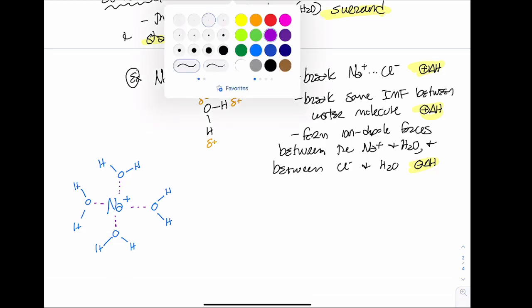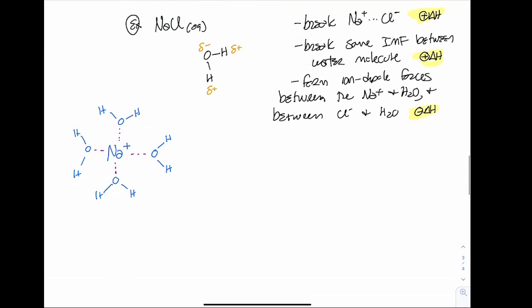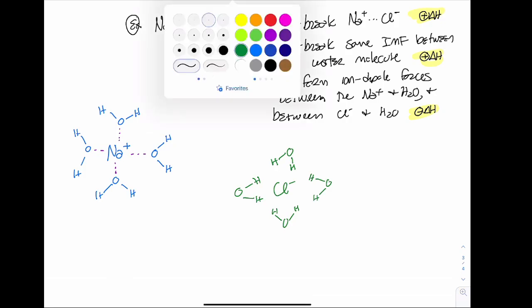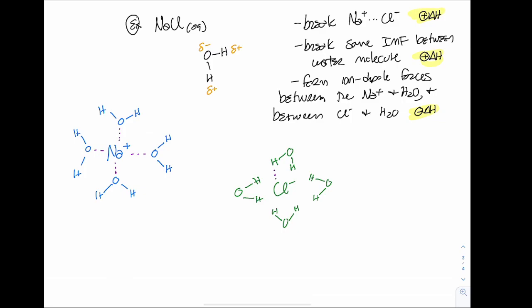When I draw a similar one for the chloride, chloride has a negative charge, so this time I'm going to orient my solvent molecules so the hydrogen is facing the chloride, right? The hydrogen is the partial positive. The partial positive end of water is going to be attracted to the negative chloride ions.